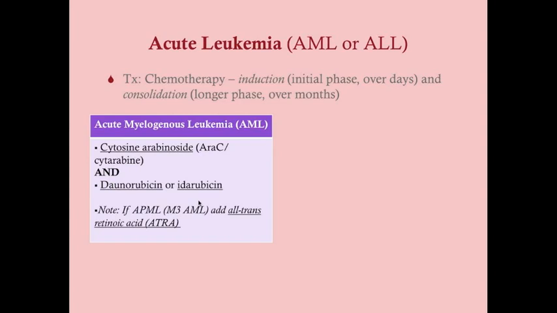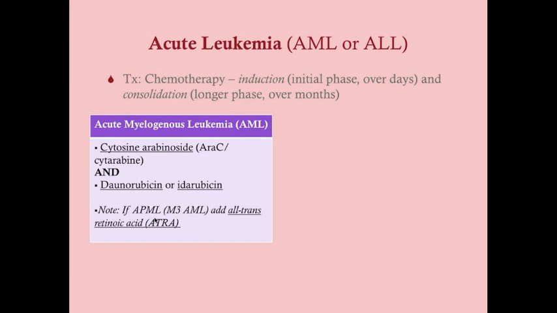If the patient has M3 AML, so remember that's the acute promyelocytic leukemia that can present with DIC, in addition to these drugs that we use for any of the AMLs, we also add all-trans-retinoic acid. All-trans-retinoic acid is going to help the leukemic cells mature. That's important because basically what we have in any leukemia is a block in maturation.